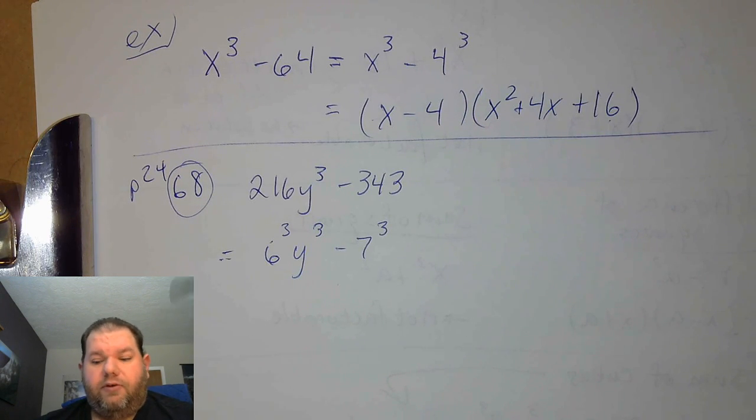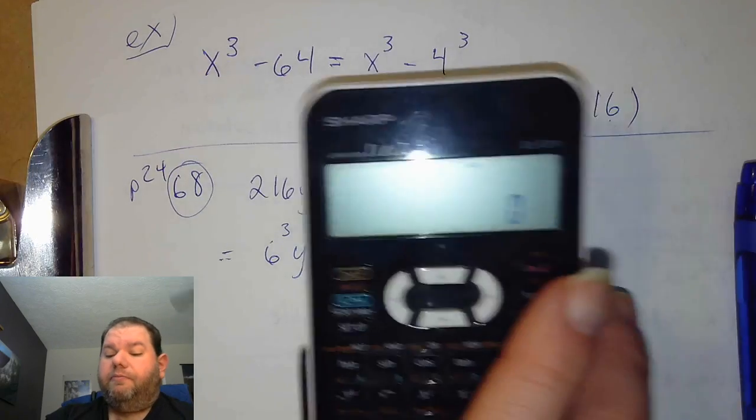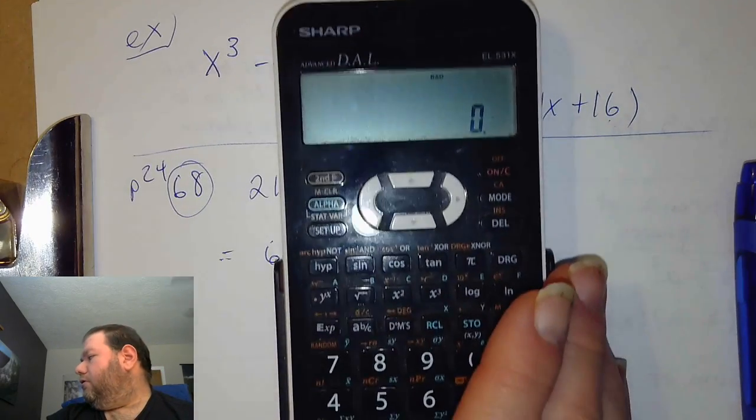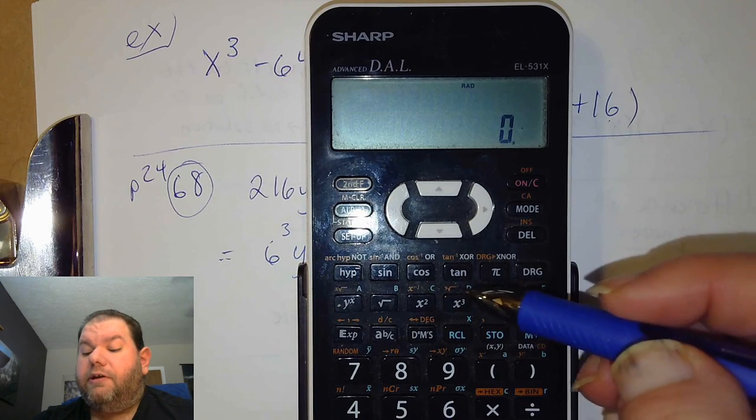That's actually part of the struggle in this problem, is figuring out exactly what has been raised to the third power to equal 216. And one way that we can achieve that on our calculator is a lot of calculators will have a cube root function built in.